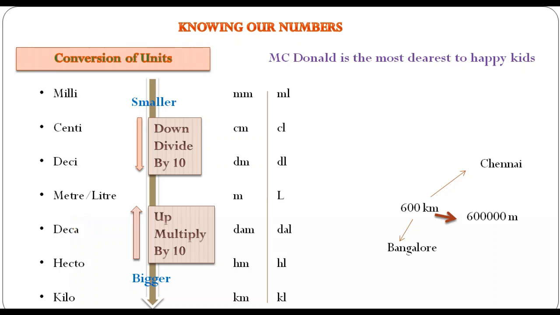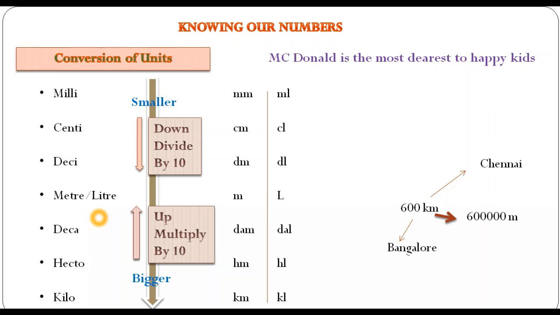From deca to meter, you multiply by 10. If you want to convert from kilo to meter, you will multiply because you are moving up. And by how many steps are you moving up? 1, 2, 3. So you will multiply by 1 followed by 3 zeros, that is 1000. So you have to multiply by 1000.